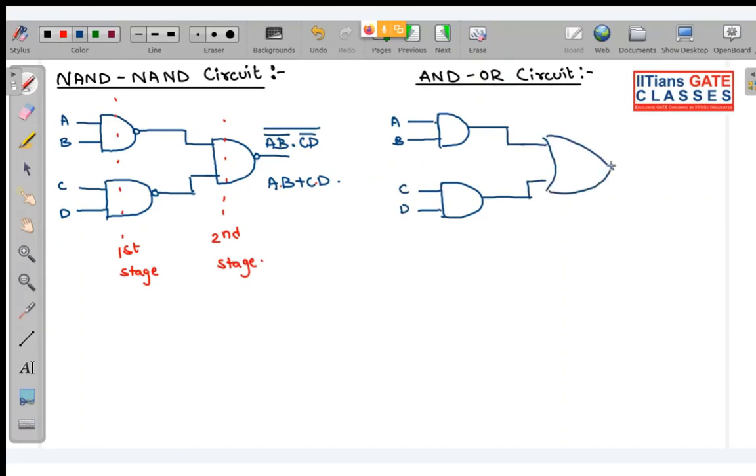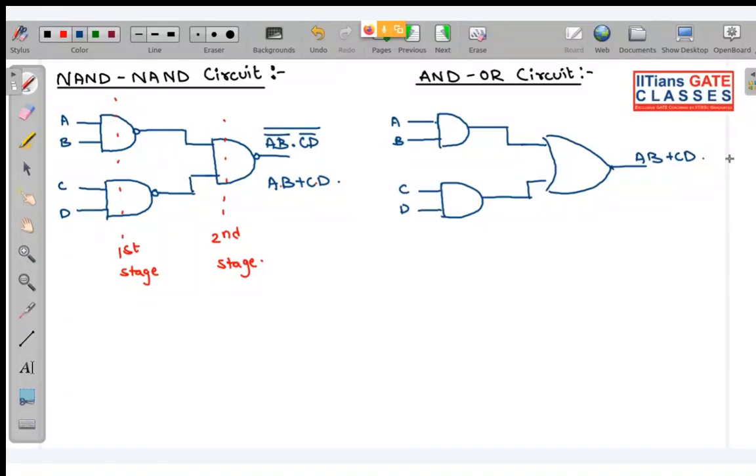The same thing we will be getting: AB plus CD. So this is your AND OR circuit. This is very useful, because I have already shown you how we implement a few things.